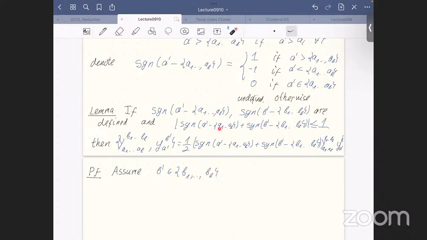This condition means 1 is the same as 0, so we can assume like this, and assume again for concreteness that a prime is greater than the set a1 al.